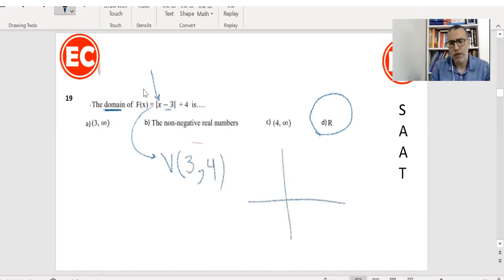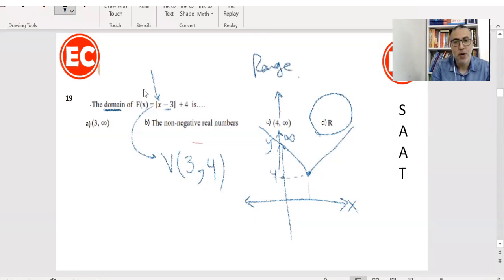So you go to the point (3, 4) on the x-axis and the y-axis, an ordered pair, and you draw the letter V. So the domain is all the numbers, but the range starts from the point 4 to infinity. So this 4 to infinity represents the range. So notice that in question 19, I showed you the difference between domain, the values of x, and range, the values of y.